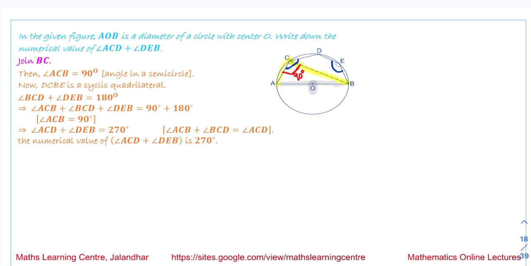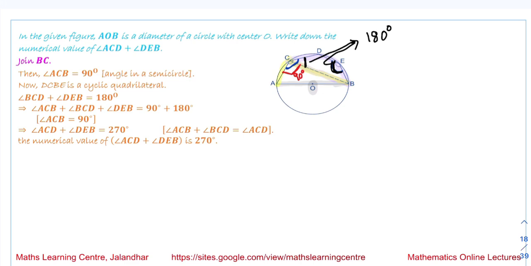Now if we look at the quadrilateral BEDC, then angle BCD plus angle DEB, the sum of these two angles, will be 180 degrees.